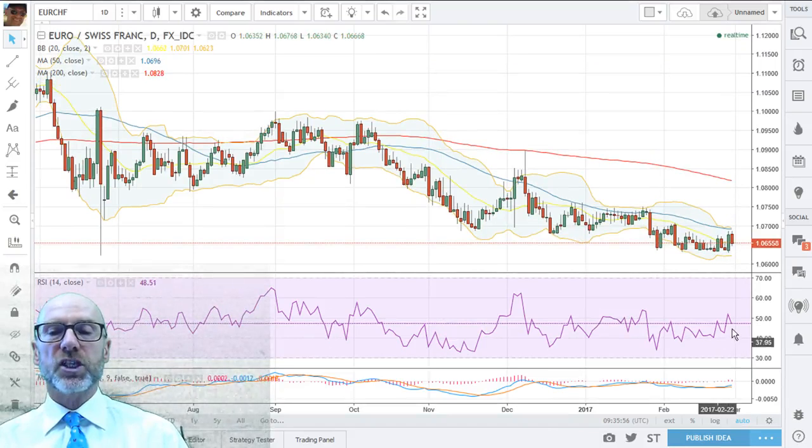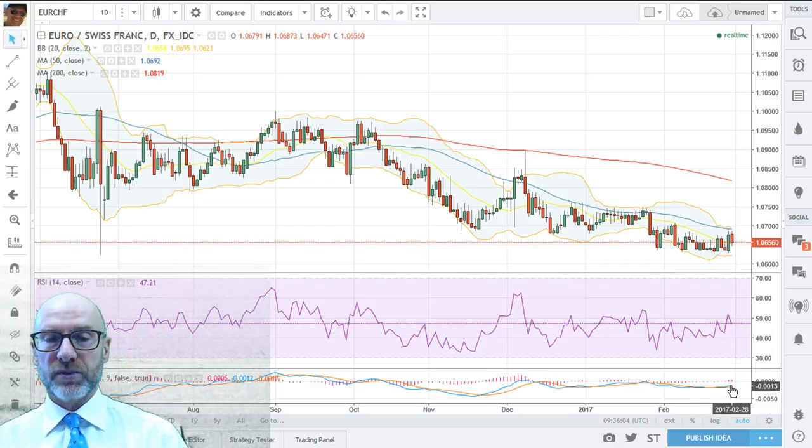Also, the RSI is showing increasing upside momentum, and the MACD too, just starting to diverge, which is a positive signal. And the RSI, even though it's back below 50 at 47.25, is showing an uptrend. So the momentum is building to the upside.